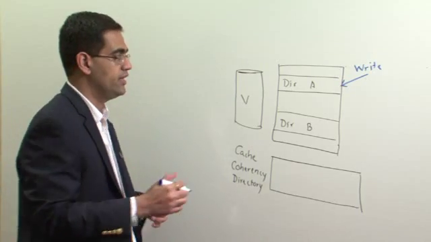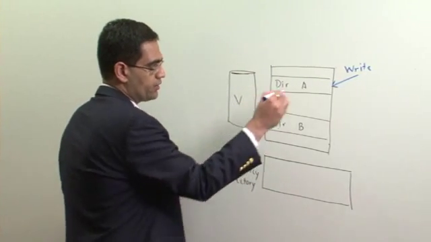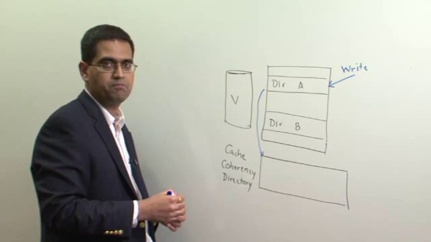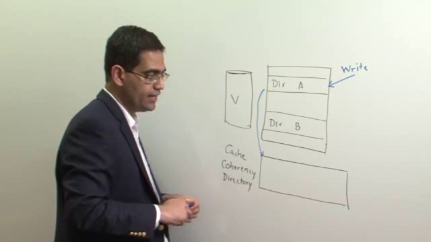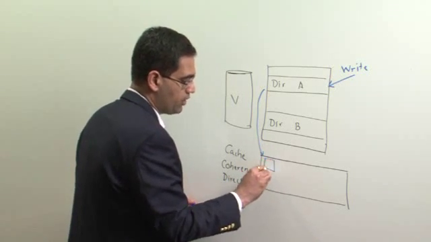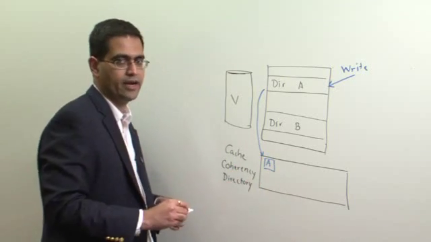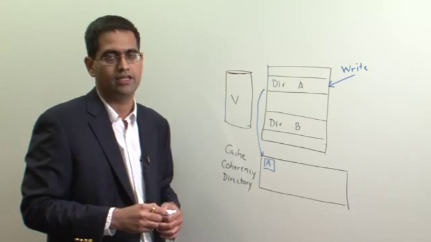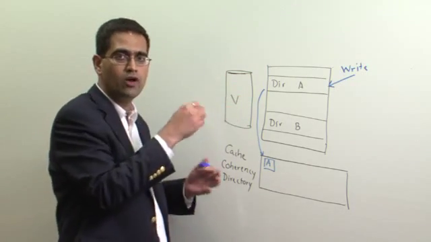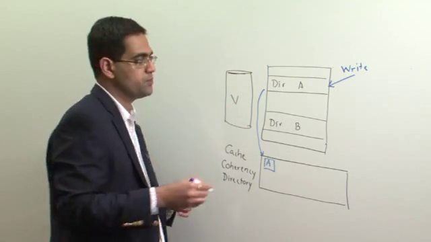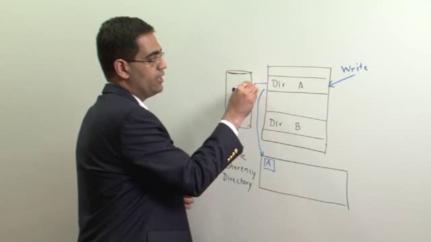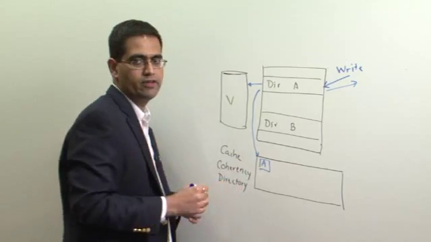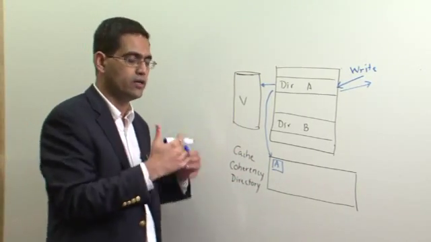The answer is no. It will then do a check on the global cache coherency directory and say, does anyone else have it? The answer is no. In that case, it will claim that block, and the global cache coherency directory will record the fact that A has access to that latest block. Now, local volumes are synchronous volumes, and as a result, the data will immediately get flushed to the backend, and the host will receive an acknowledgement after the write is actually written on the backend.